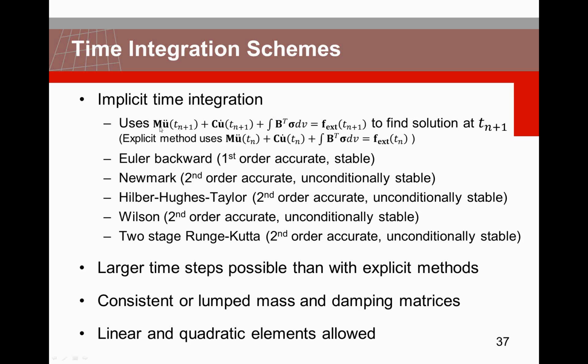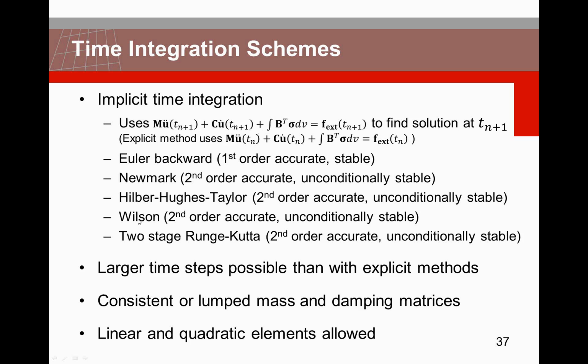So you actually solve your mass times your next acceleration plus your damping times the velocity of your next step, plus your internal forces of the next step and the external forces. While explicit methods use the equation of motion of the current time to make a prediction for the next time. Therefore, in DIANA, we choose to go for the implicit time integration.